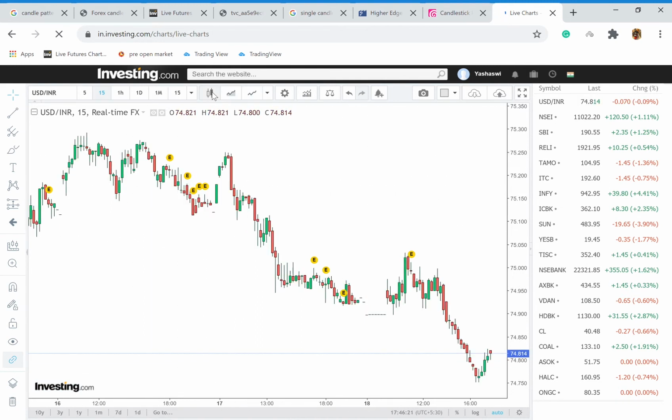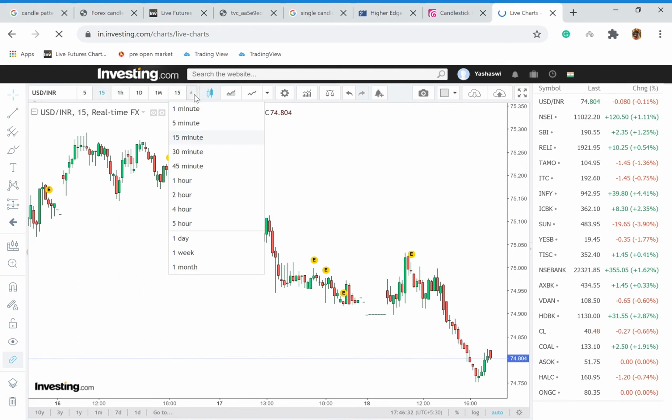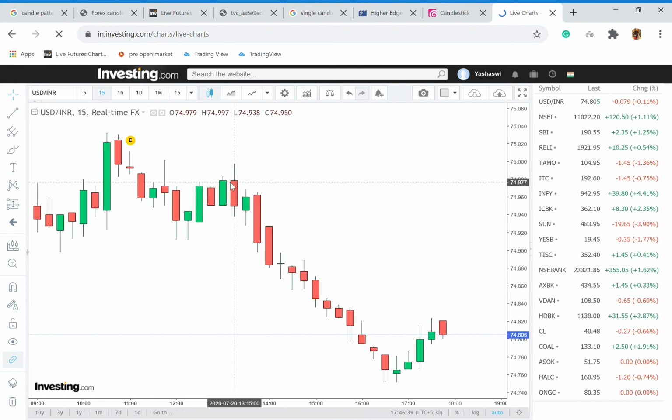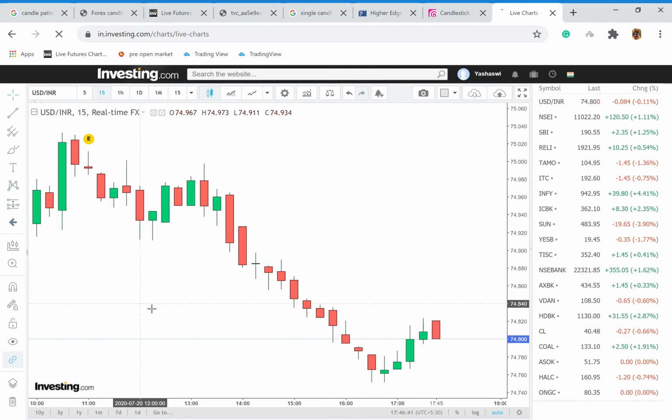This is a similar candle pattern. Each candle represents a period. You can select the period here: 5 minute, 15 minute, 1 hour, 1 day, 1 month, and several other time frames. Let's take one candle and let me explain.